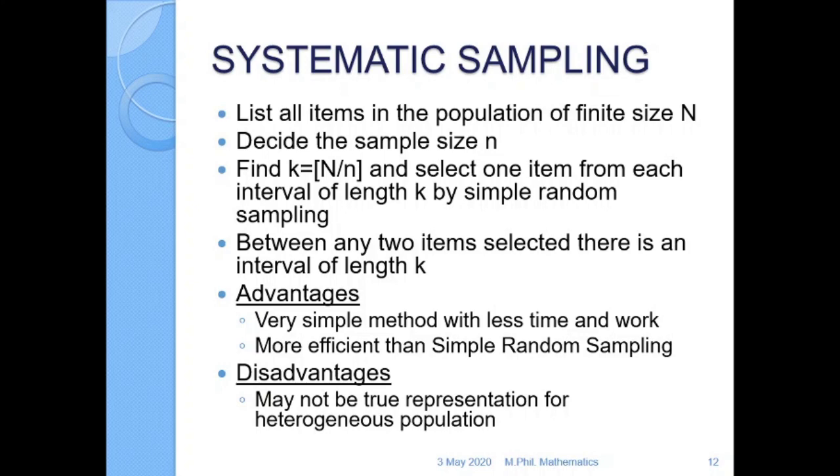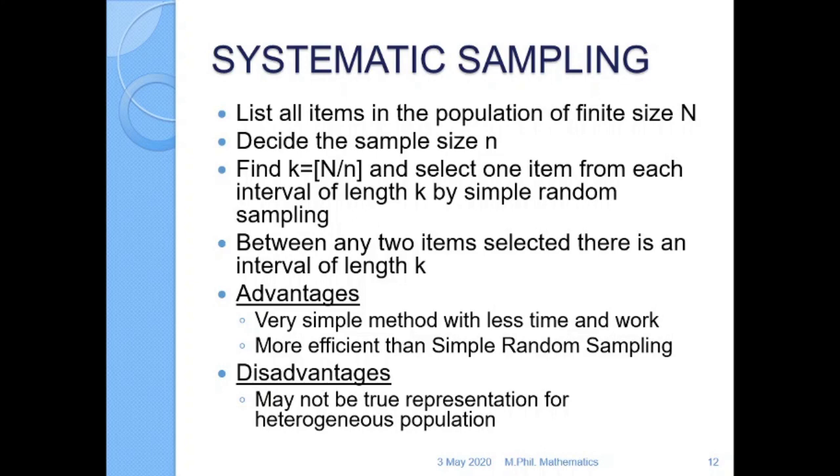Now we decide a number k, which is capital N by small n, and in this example it will be 100 by 10, which is 10, and we select a number between 1 and 10. Let it be 3. Then we choose the items numbered 3, 13, 23, etc. up to 93, which constitute a sample.